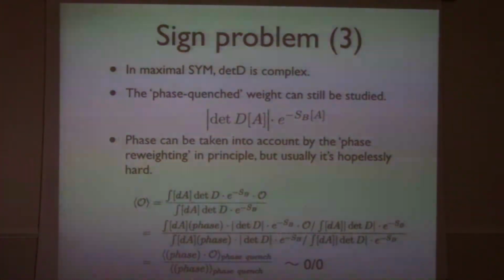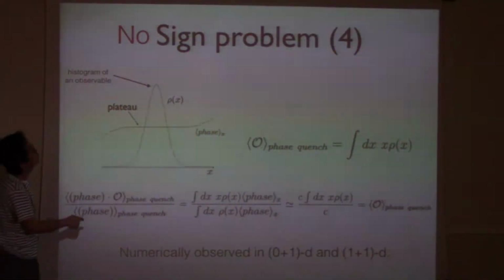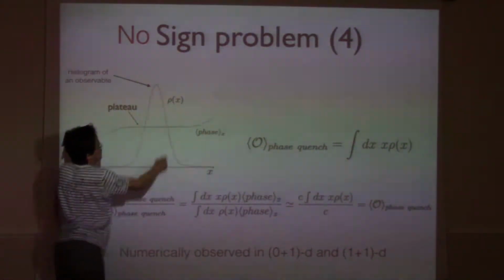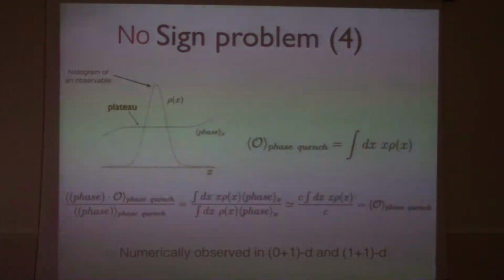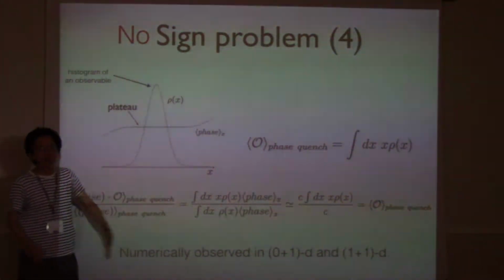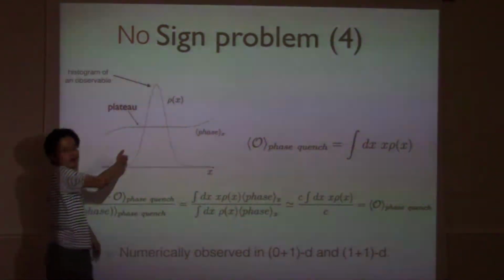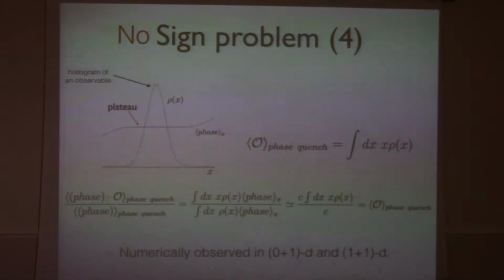However, if you look at this expression, you notice this. In Monte Carlo simulation, in general, we have some distribution peaked around some important configuration. So we do importance sampling, and if we make a histogram of an observable, like energy or Polyakov loop or whatever, typically we have some peak around the average value because we are doing importance sampling.